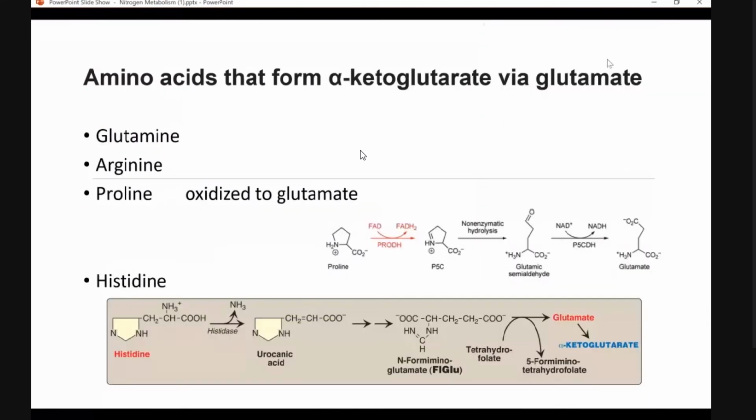The amino acid that forms the alpha ketoglutarate via the glutamine or glutamate هي الجلوتامين. جلوتامين من اسمه اي شيء بي بالاخير هو معناته extra amino groups.